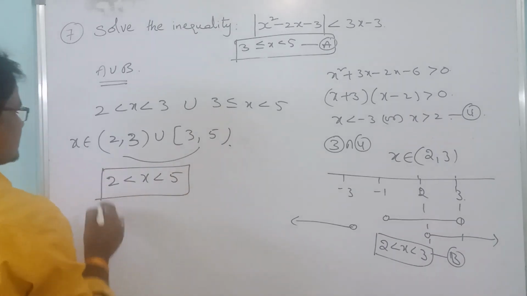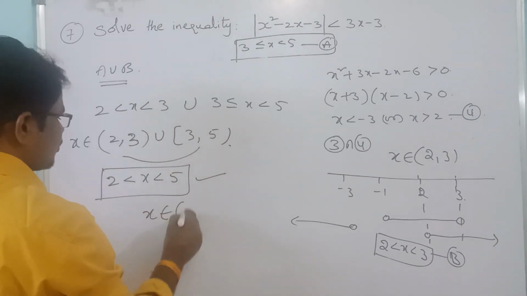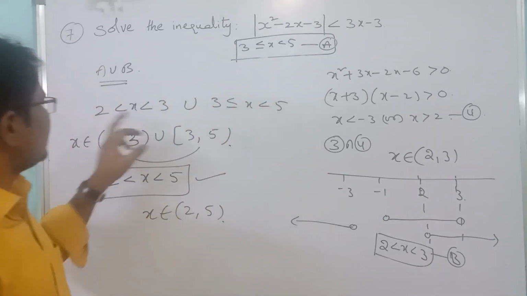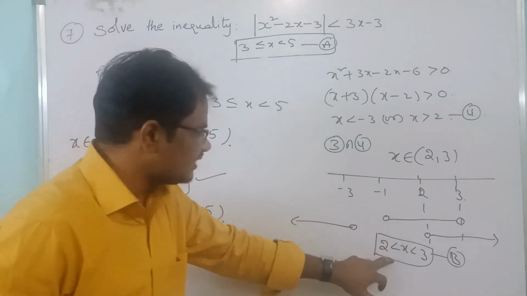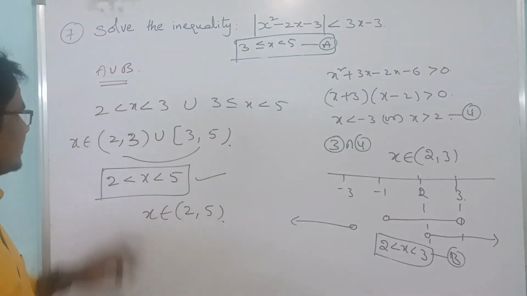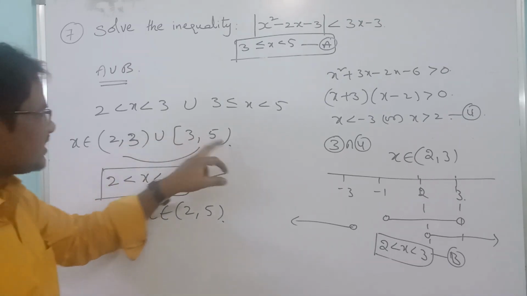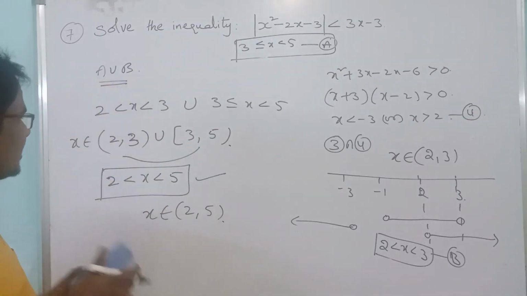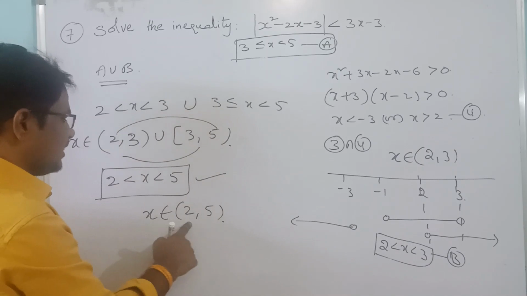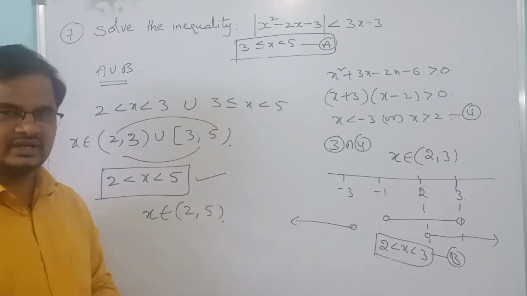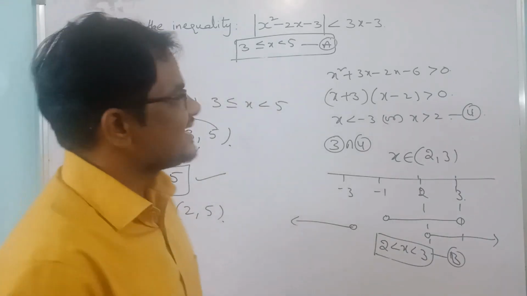This is our final answer. x belongs to the open interval 2 to 5, where A is 3 less than or equal to x less than 5, and B is 2 less than x less than 3. Finally we write it as the open interval 2 to 5, because these values in between 2 and 5 you will get. So this is about the 7th problem.